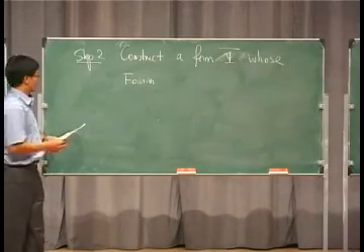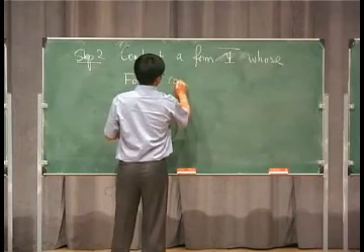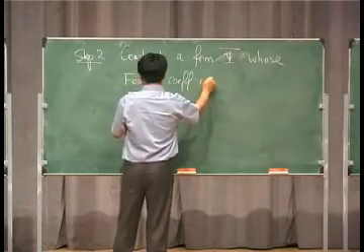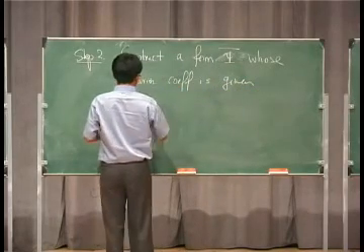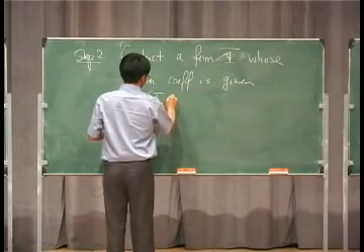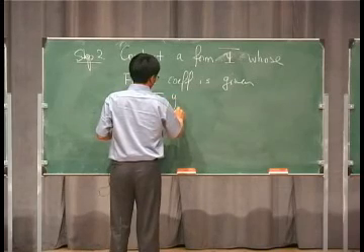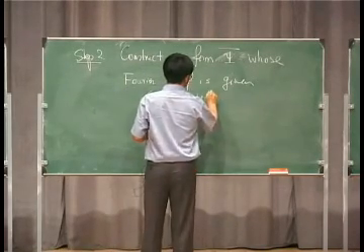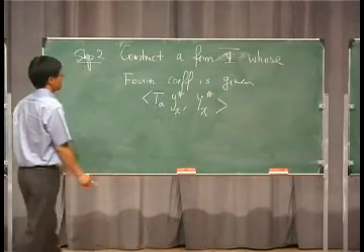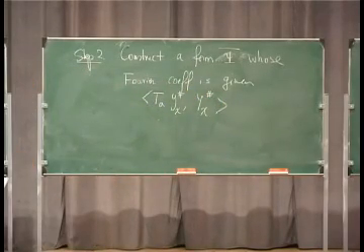What's left is the Fourier coefficient. Fourier coefficient is given by something like that, T of A, Y chi sharp. So this is the Fourier coefficient.